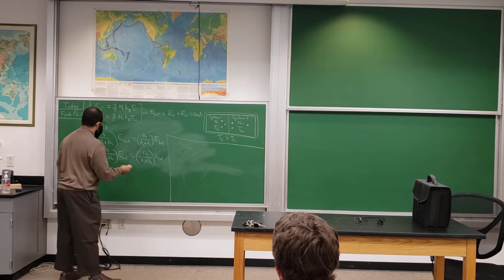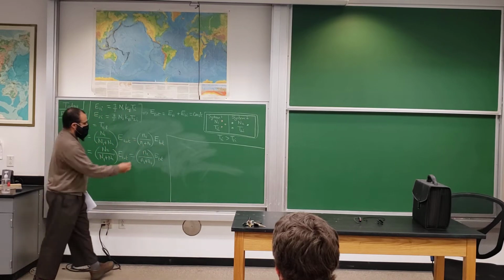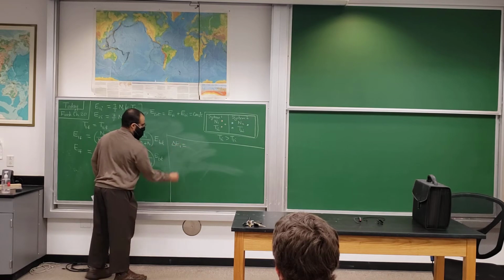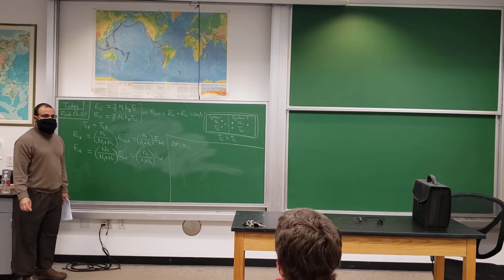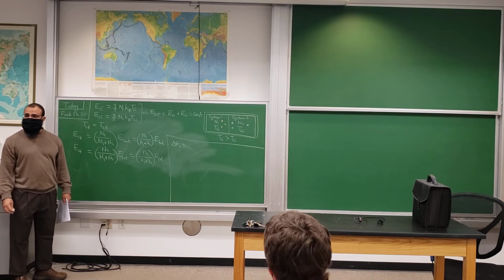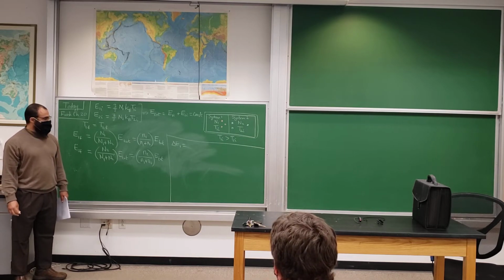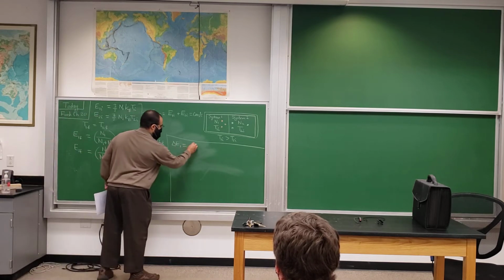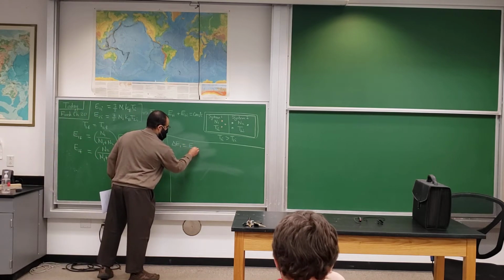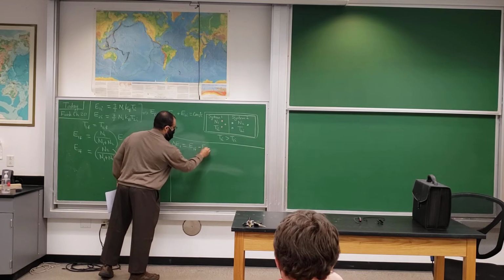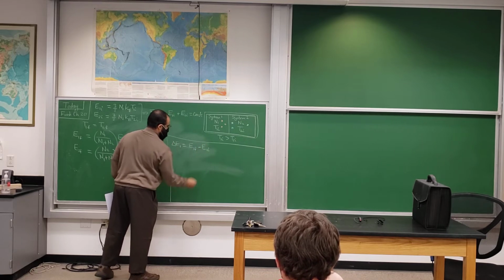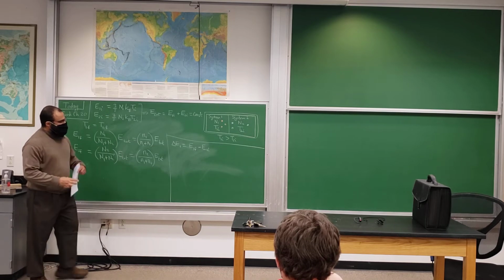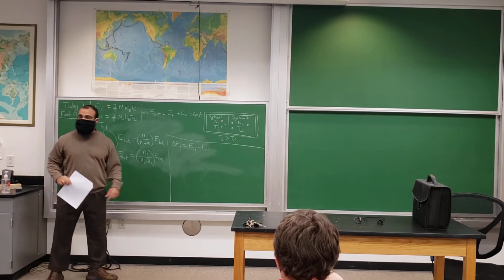So how do I get delta E for system 1? What's the change in total energy for system 1? The final minus the initial. It's E1 final minus E1 initial. And how is this related to the heat?